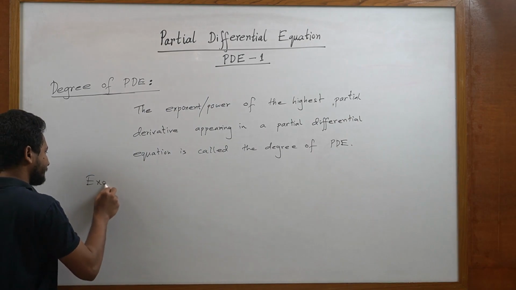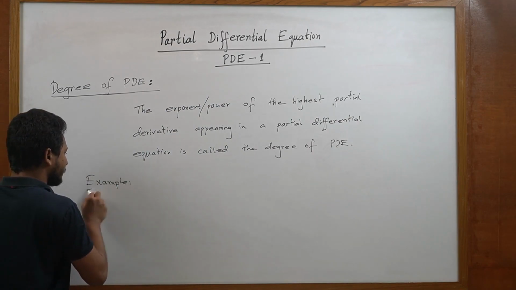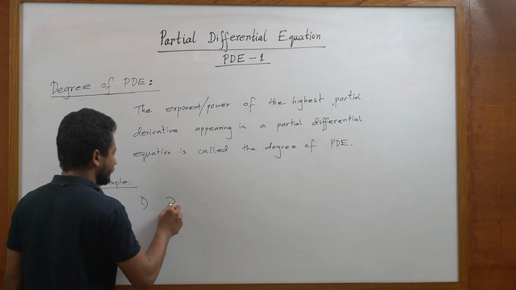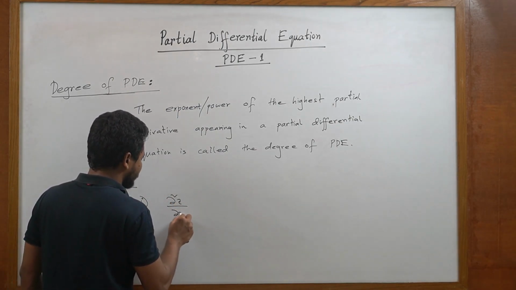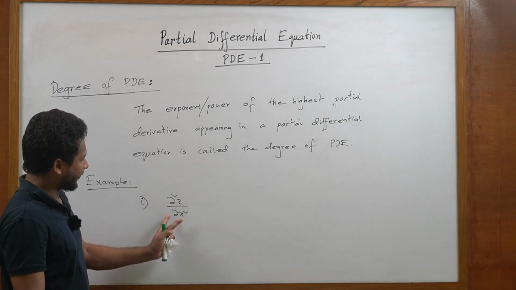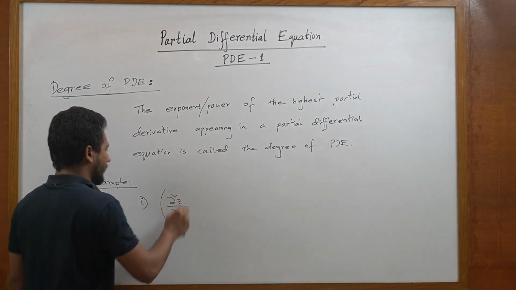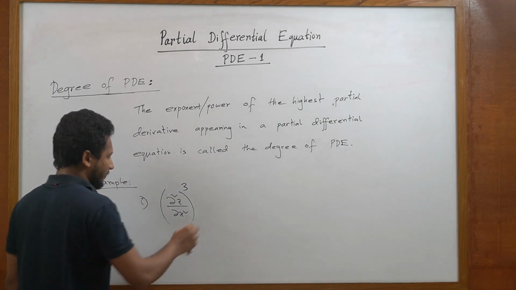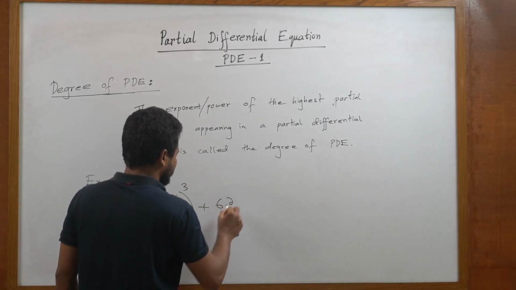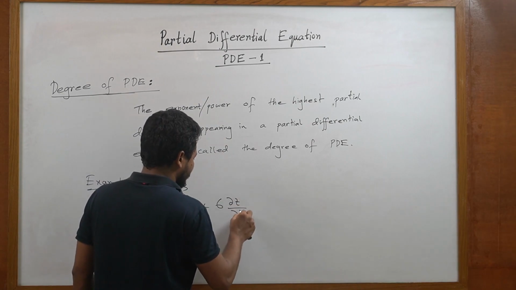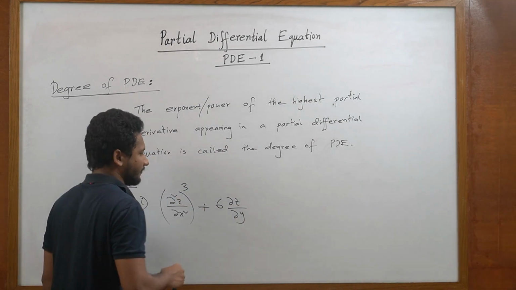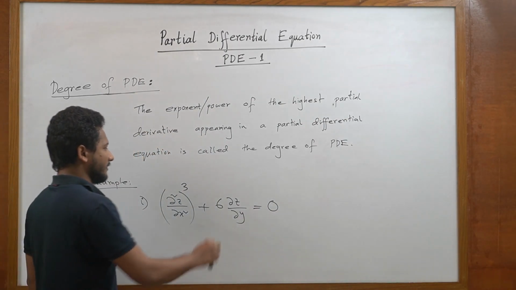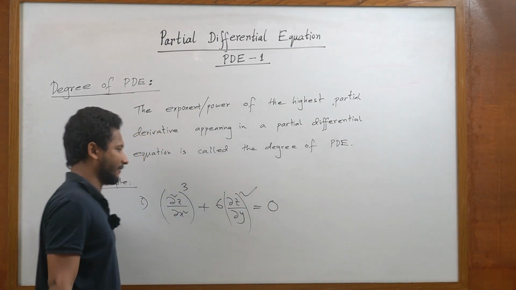Okay, example. Second derivative operator, power cube, power 3, exponent is 3, plus 6 first derivative operator equals to 0, and this term is squared.